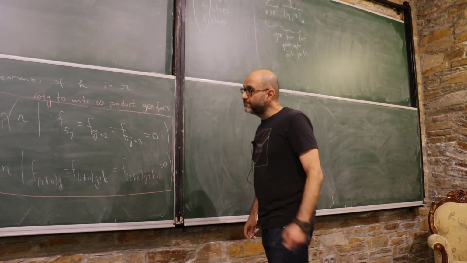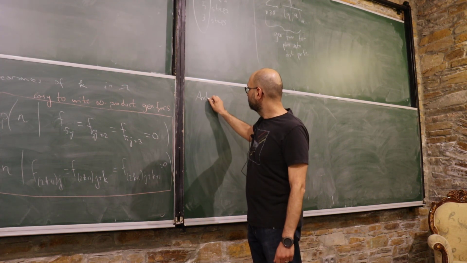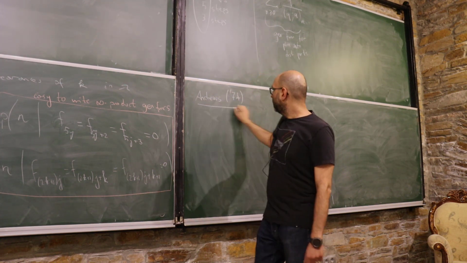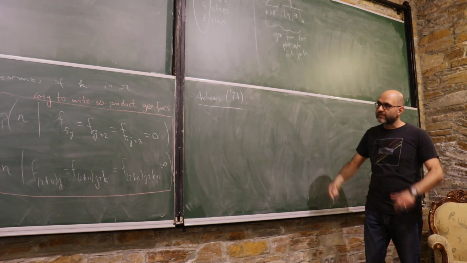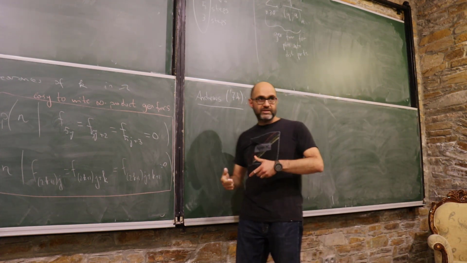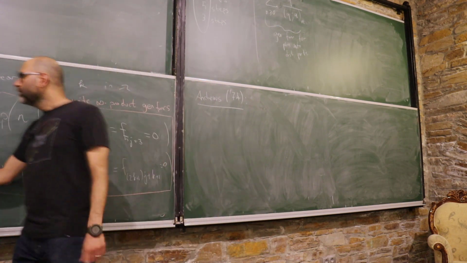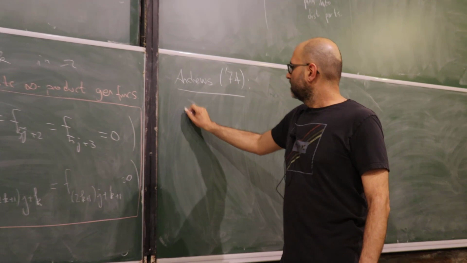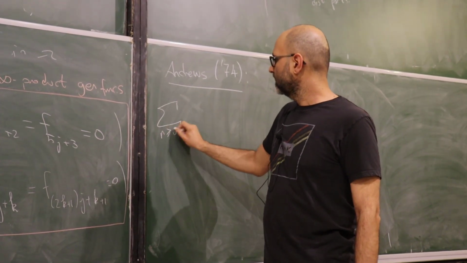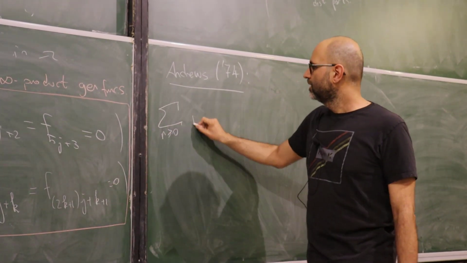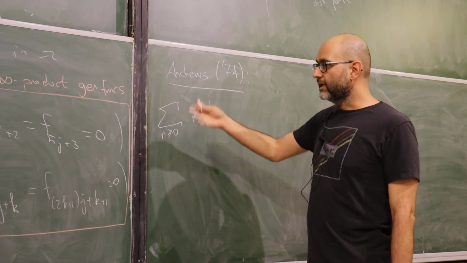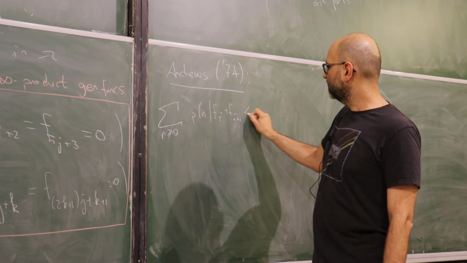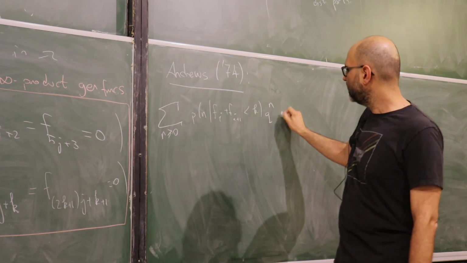In 1974, though, Andrews found the generating function, the evidently positive series generating function for these partition enumerants. So the sum over n greater than or equal to 0 of the number of partitions satisfying that condition, f_i plus f_{i+1} less than or equal to k, q to the n.